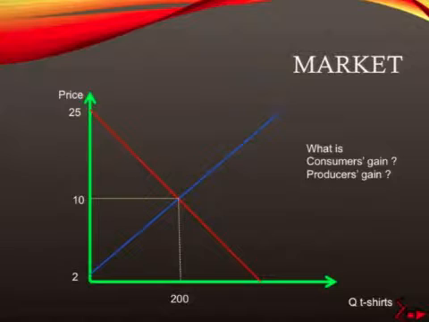So now, looking at this market equilibrium, we are trying to answer what is the consumer welfare and what is the producer welfare. Now, before we answer that question, we really need to understand the demand function and supply function and how they were drawn.